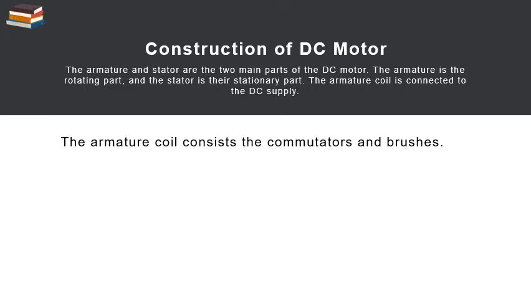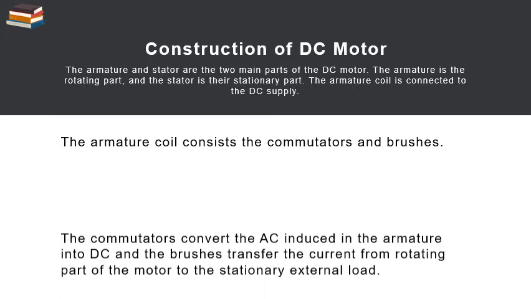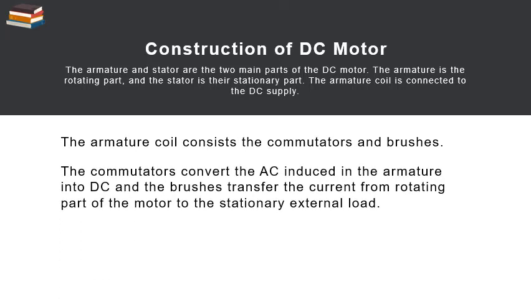So what is commutator? In case of DC machine, commutator is an important part of the machine. Commutator is a device which converts AC into DC or DC into AC, vice versa. The commutator converts the AC induced in the armature into DC, and the brushes transfer the current from the rotating part of the motor to the stationary external load.